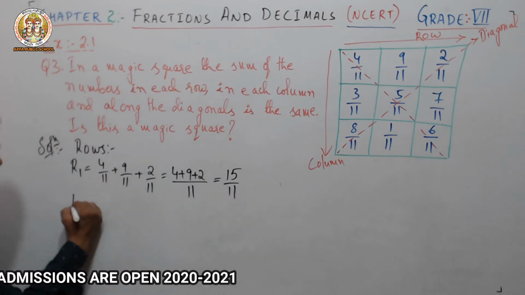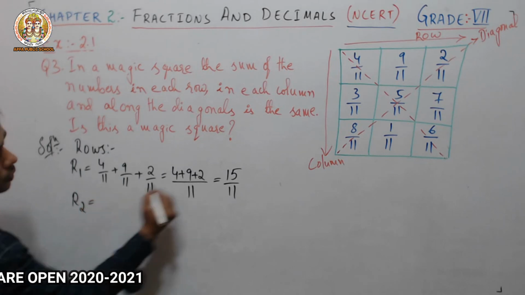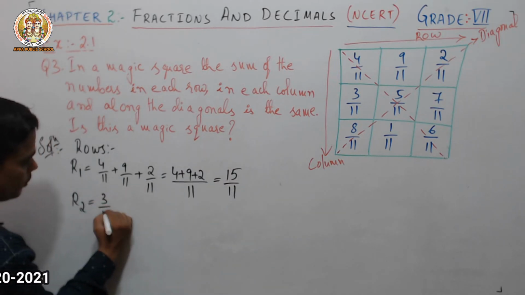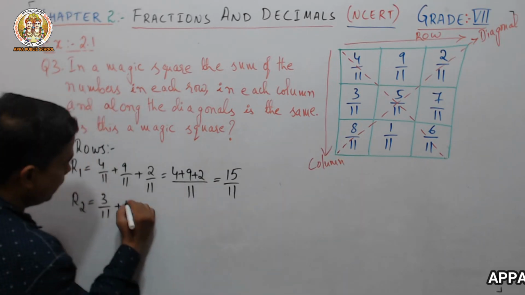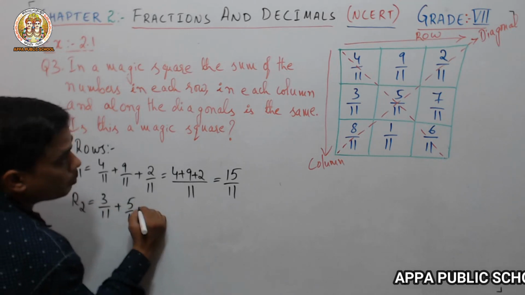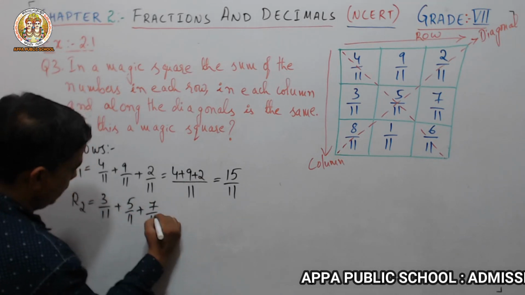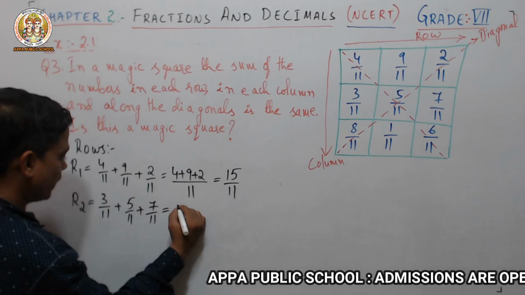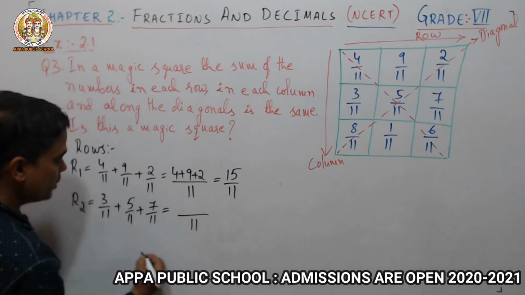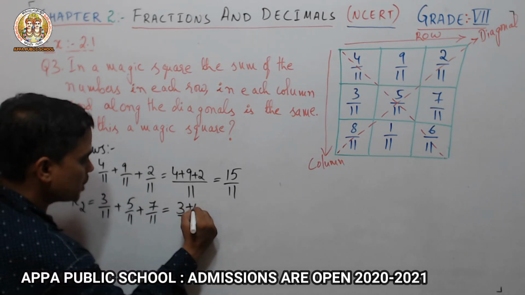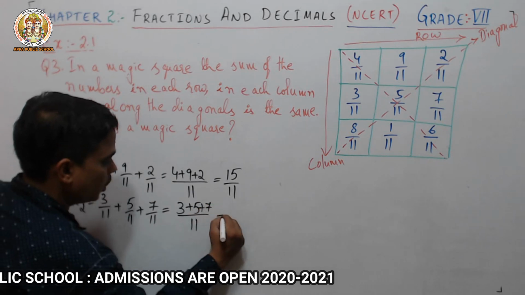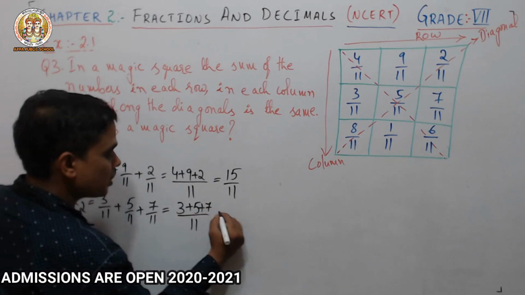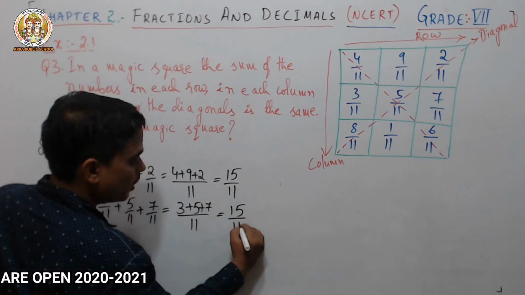Next I will calculate R2. R2 is equal to 3 by 11 plus 5 by 11 plus 7 by 11. Once again the denominators are the same, so I will keep 11 as it is. Add the numerators: 3 plus 5 is 8, 8 plus 7 is once again 15 by 11.